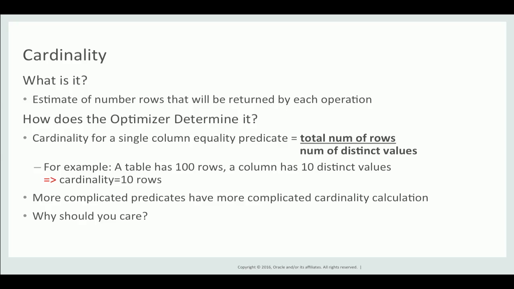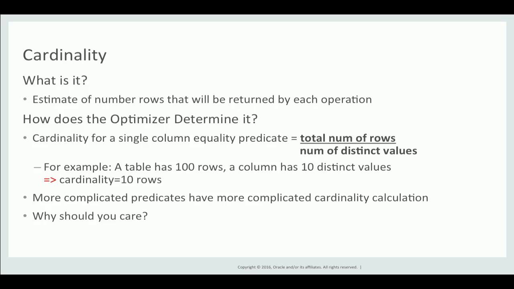Okay, here's a quick example. If I've got select star from the sales table where the store ID is 5, and I've got 100 rows in the sales table, and there are 10 distinct values in the store ID column, then the cardinality estimate for that query will end up being 10 rows. 10 rows will be returned. Why?